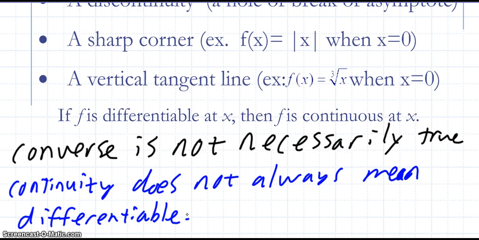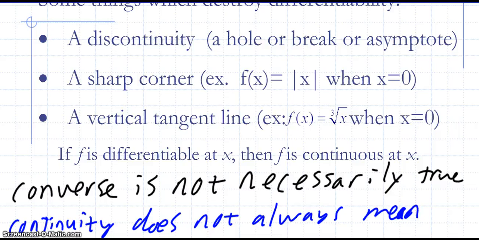And we can see that by just looking at the cube root of x, which is continuous everywhere, but it's not differentiable at 0. The absolute value of x is continuous everywhere, but it's not differentiable at 0.